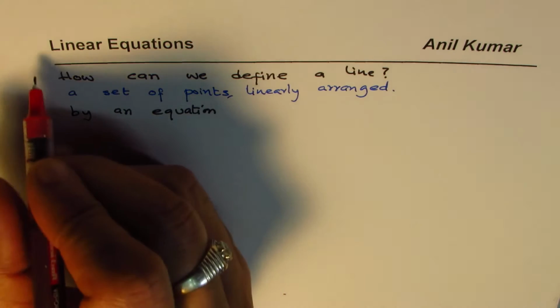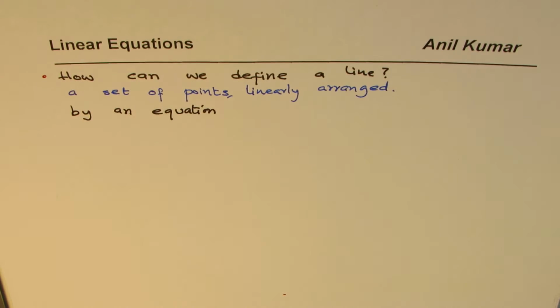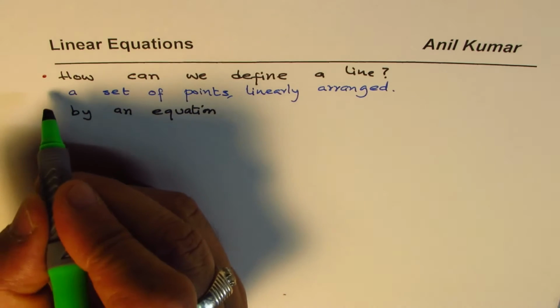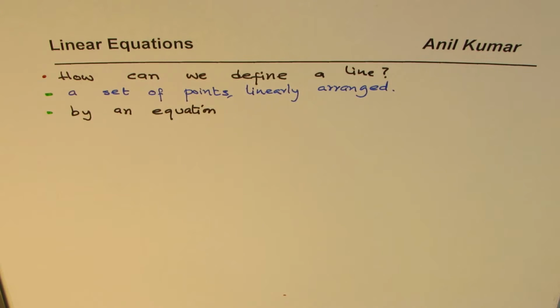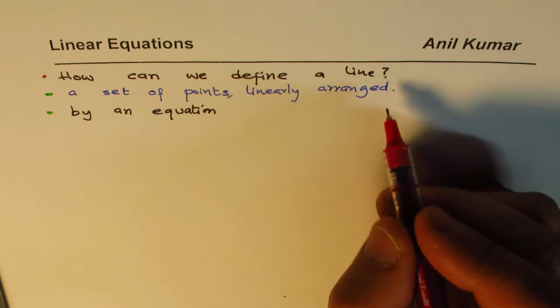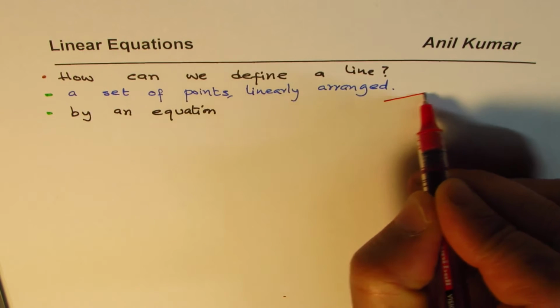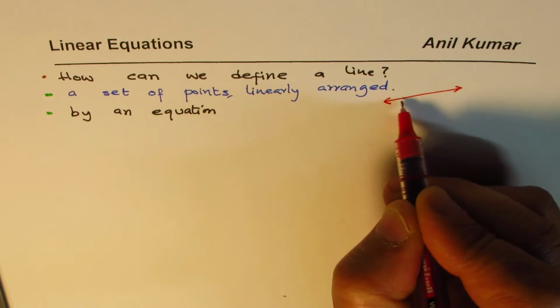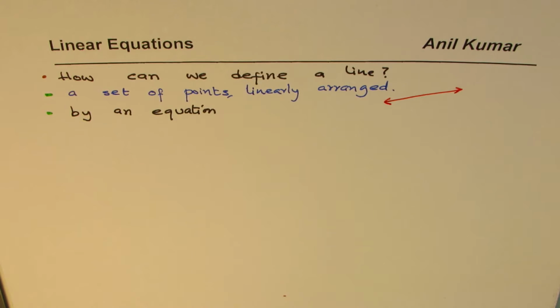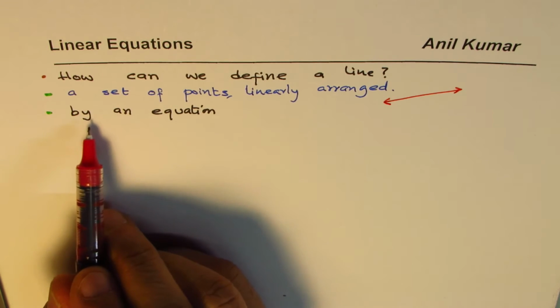So the question here was, how can we define a line? We'll get different kinds of answers. Some persons will say, a set of points linearly arranged. Well, they're looking into the graphical part. So it's kind of like this, right? So that is a line, arrows on both the sides, set of points linearly arranged. And some will say, well, it is by this equation.